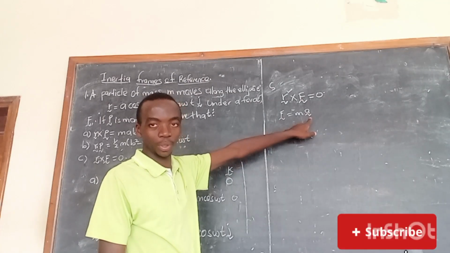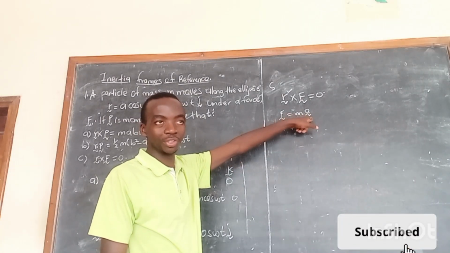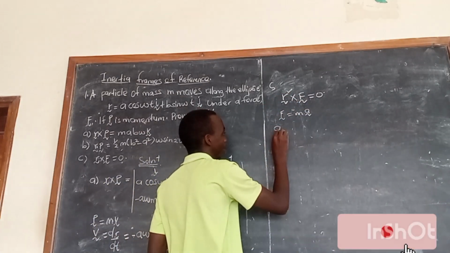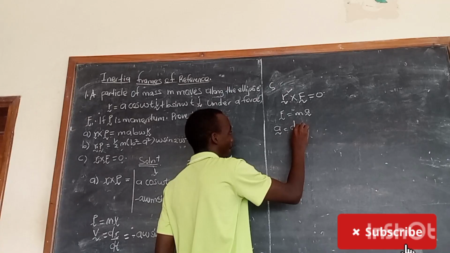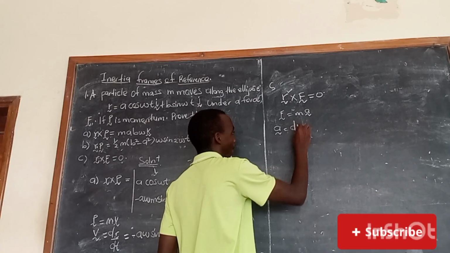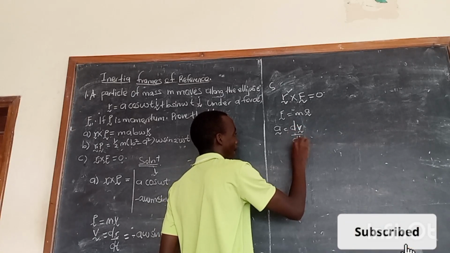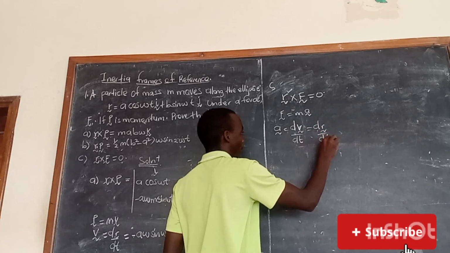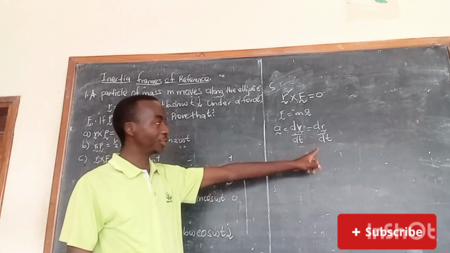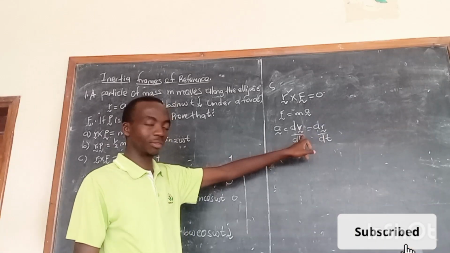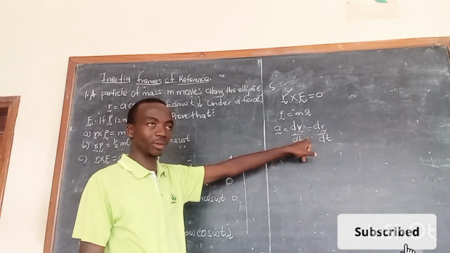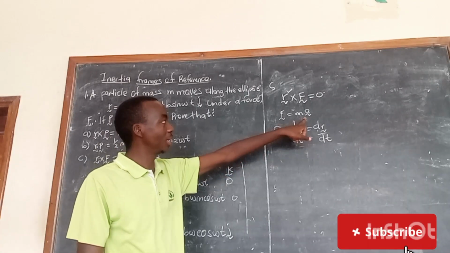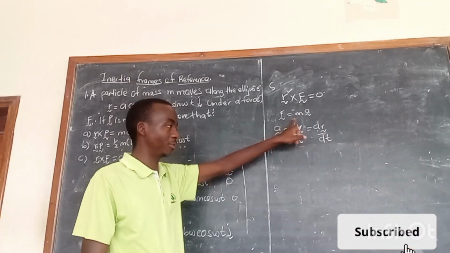We can also get acceleration by differentiating the position twice. Once we differentiate the position, we get velocity, and once you differentiate velocity, you get acceleration. Then you substitute your acceleration here, and you get your force.